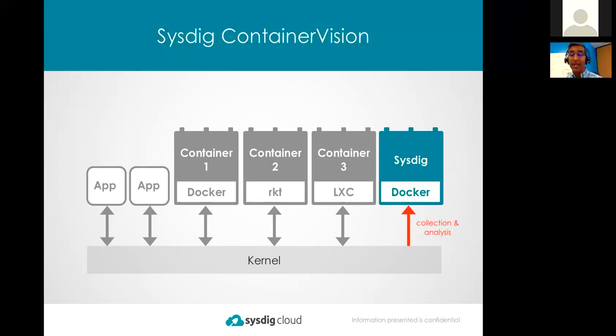You could use it as a SaaS service, in which case Sysdig is running it and you're passing the data into Sysdig Cloud's SaaS service, or you can run our backend as software in your environment. That environment could be your Amazon VPC, a true private physical cloud data center, or anything in between or any mix. That enables you to take the right approach to monitoring for your organization.